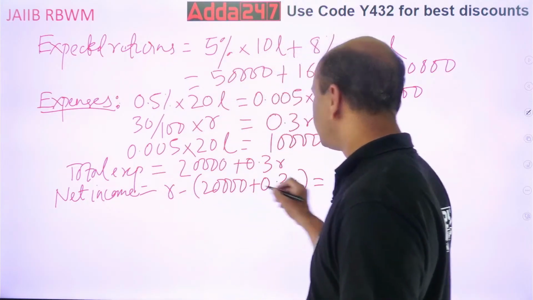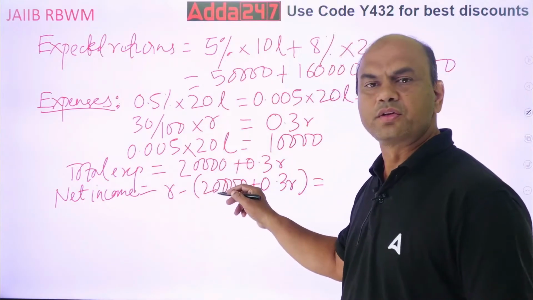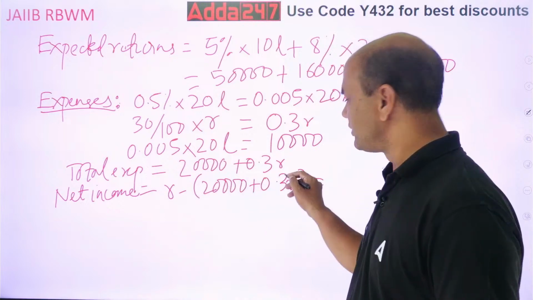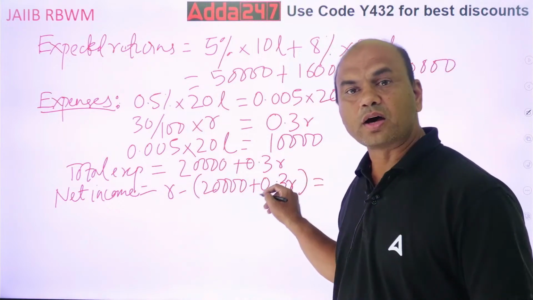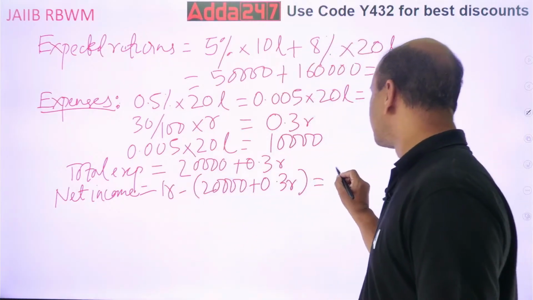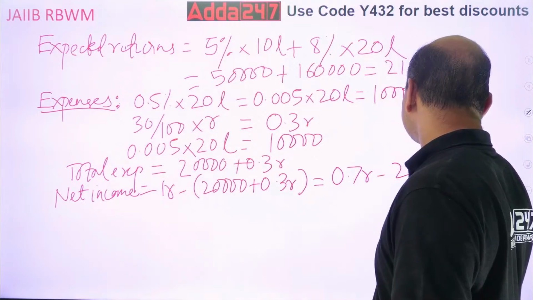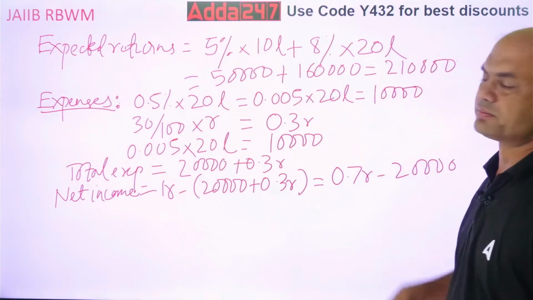If you solve this, the minus comes inside, so it will be minus 20,000 and minus 0.3R. So R minus 0.3R is 0.7R minus 20,000. This is my net income.